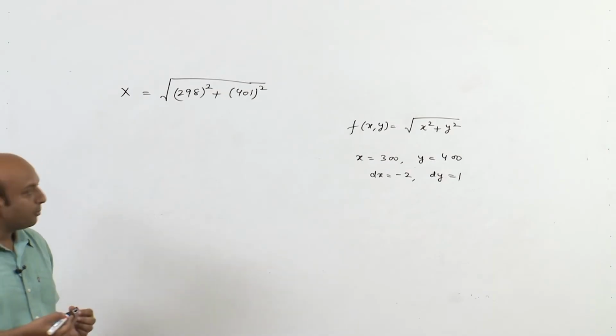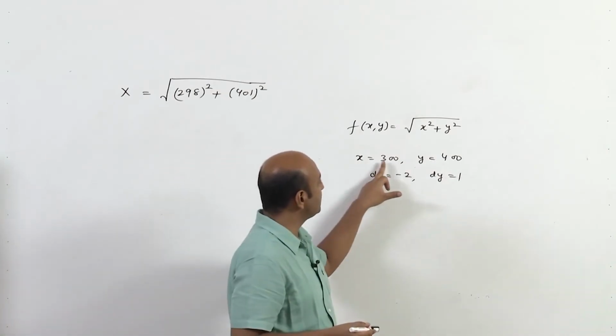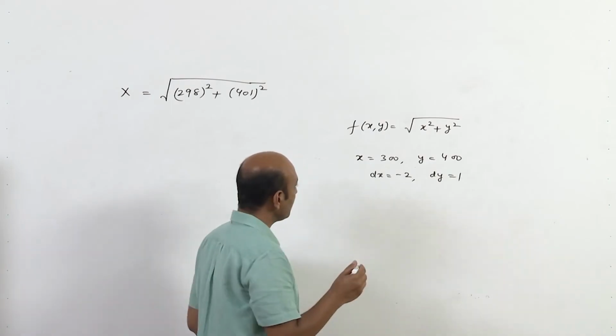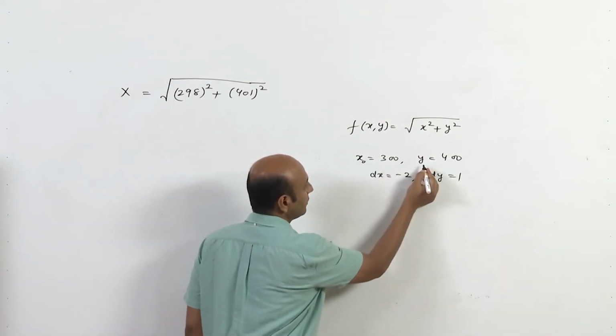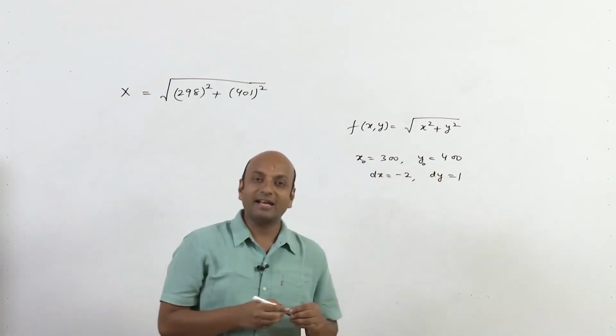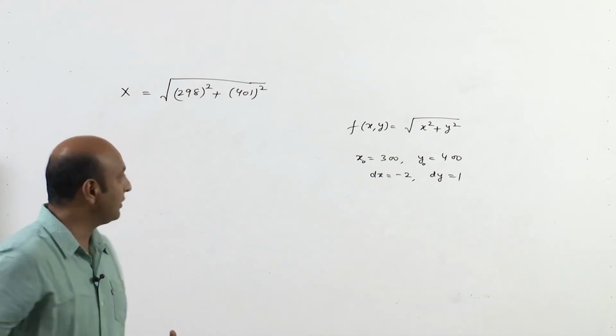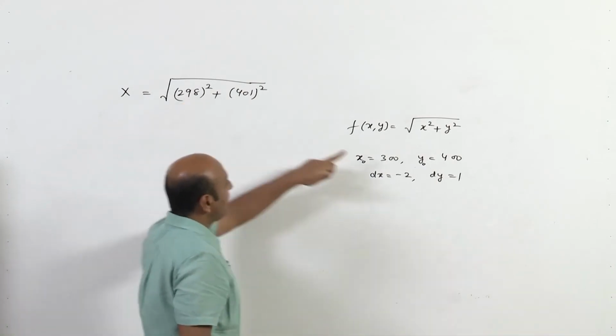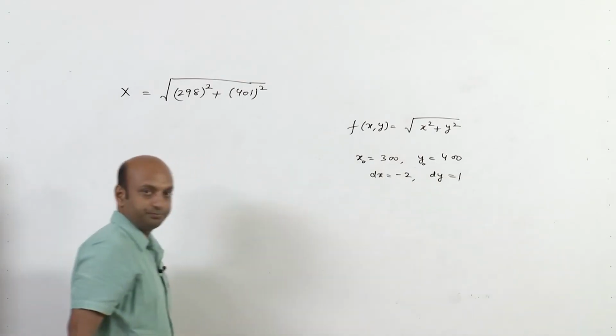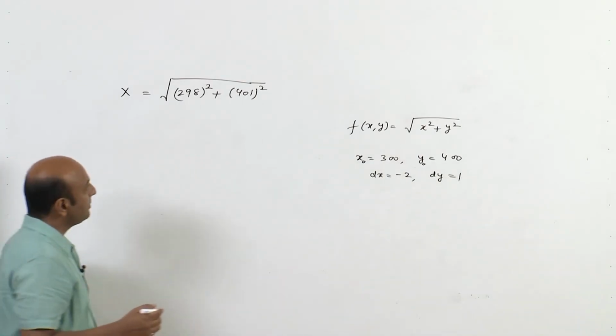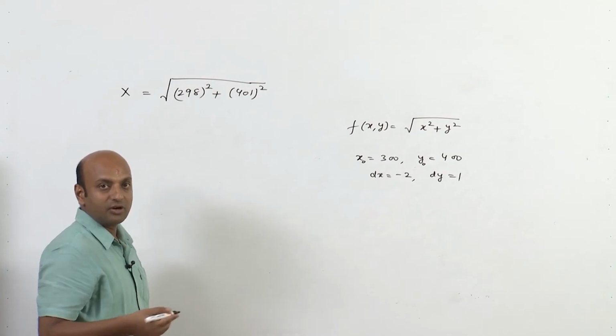We start from the point x naught, y naught, and x naught plus dx and y naught plus dy will be the next point. So, what will be the approximate change in the function value?